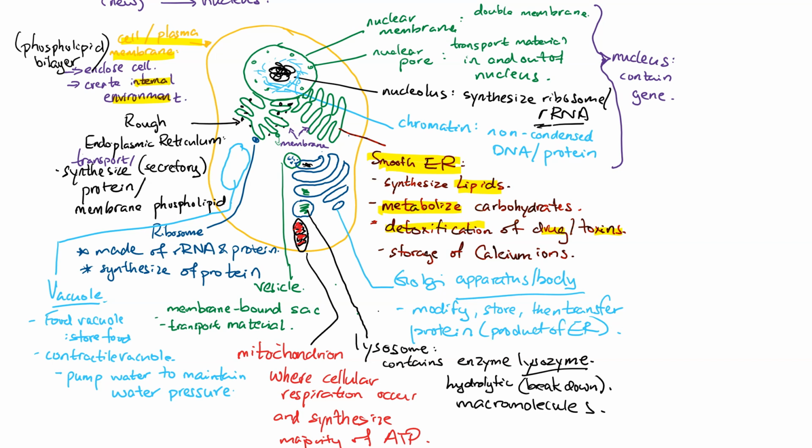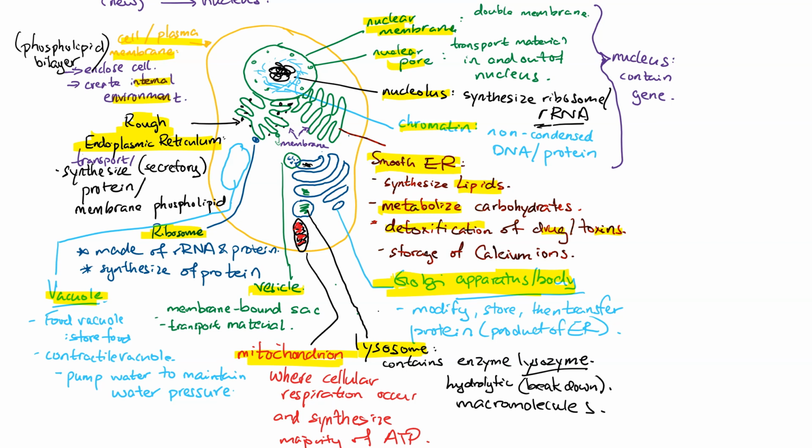And we have the rough endoplasmic reticulum, which is to transport or synthesize protein. Function of the ribosomes, vacuole, vesicle, mitochondrion, lysosome, Golgi apparatus, smooth ER, and the structure of a nucleus. We have the nuclear membrane, nuclear pore, nucleolus, and chromatin.